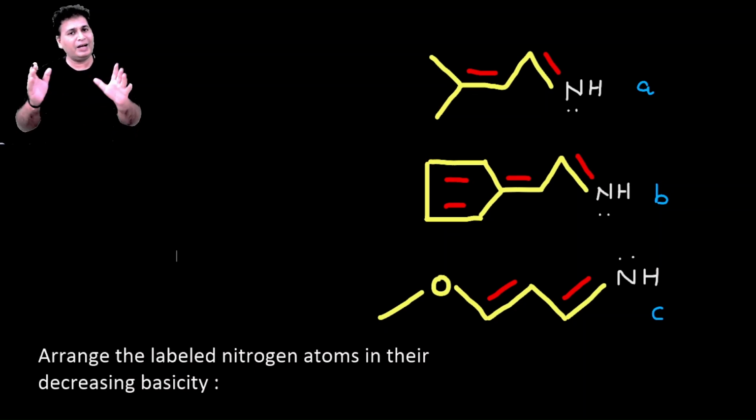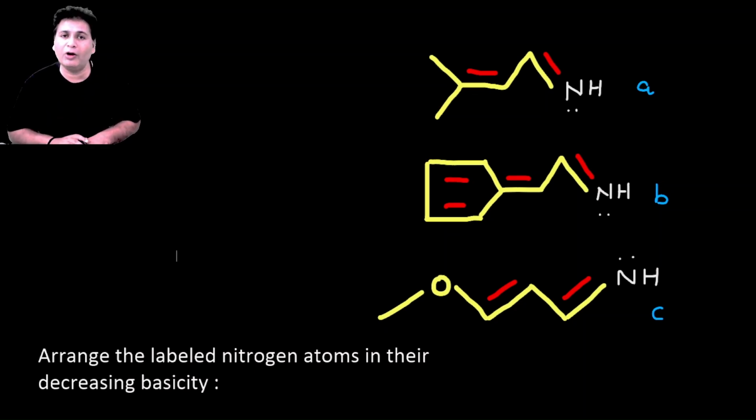As I have already spoken a lot about how to decide the basicity, you should understand it is based on availability of electrons. The more the availability of electrons, the more its basicity.